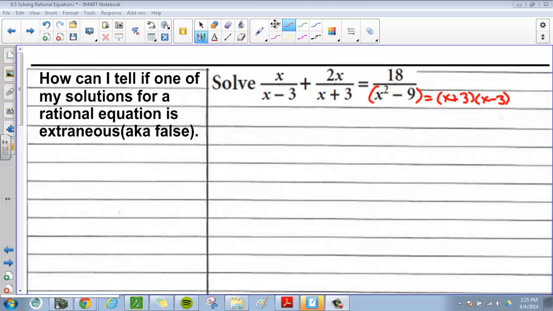So if we look at our denominators here, it looks like a common denominator would actually be x plus 3 times x minus 3, because this one has an x plus 3 and this one has an x minus 3. So let's rewrite this thing, and then let's just focus on the numerator.